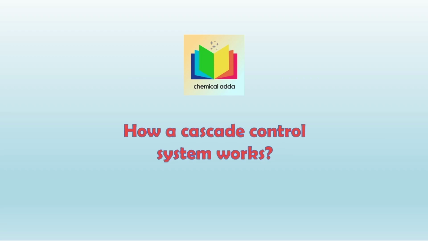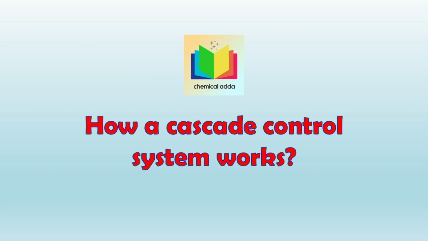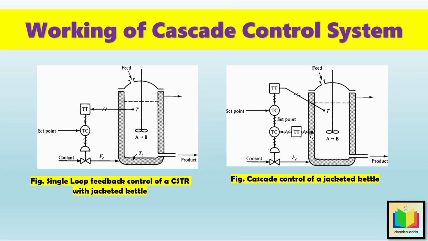Now, let's see how a cascade control system works, or we can say, how a cascade control system can solve the problems that we face with a single loop feedback control system. We already know that cascade control is used to improve the performance of a regular single loop feedback control system, especially when there are disturbances that affect the process indirectly.